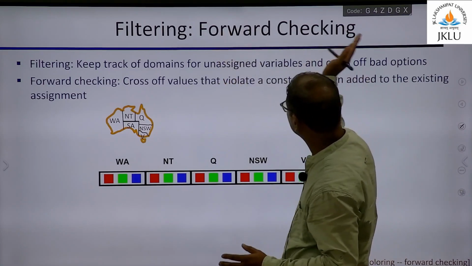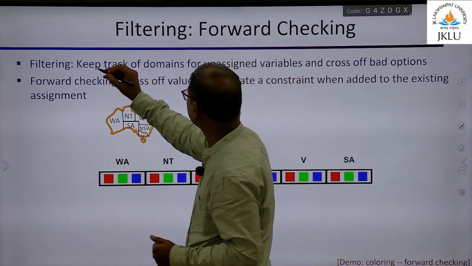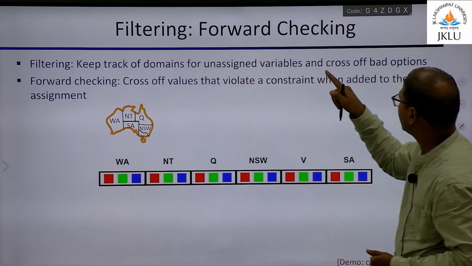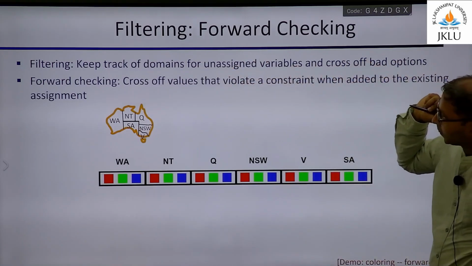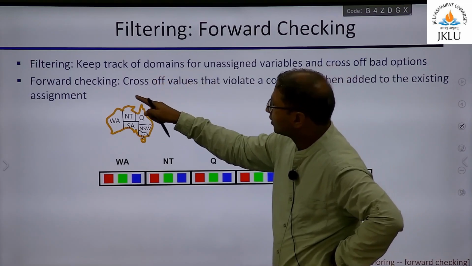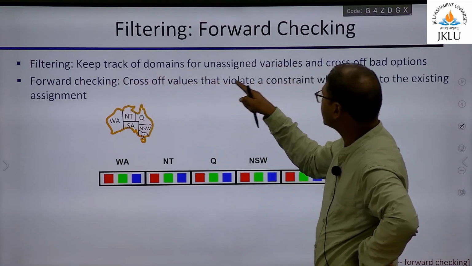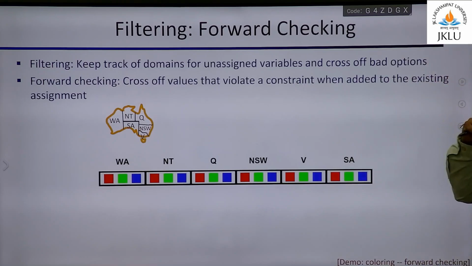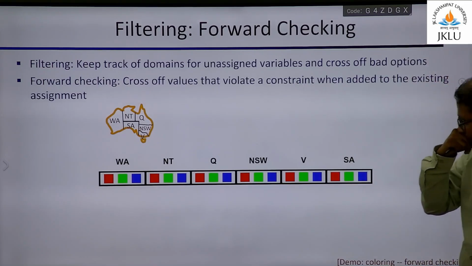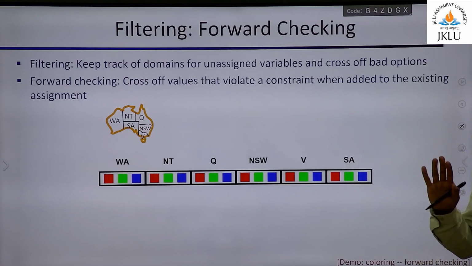Forward checking means keep track of domains for unassigned variables and cross off bad options. Cross off values that violate a constraint when added to the existing assignment. I don't understand any of this.